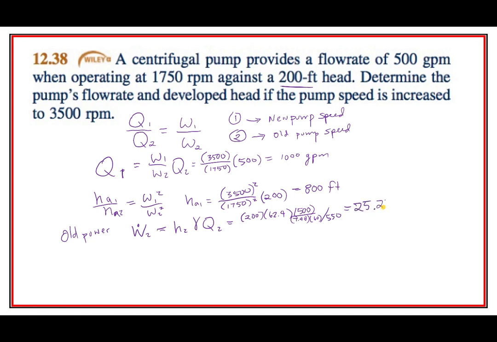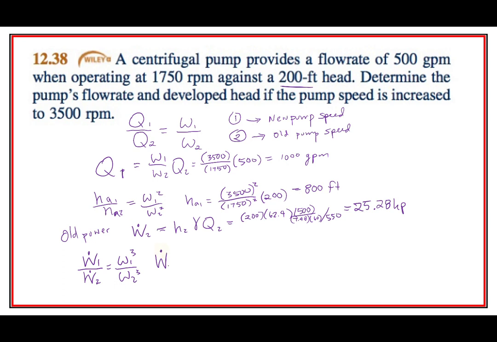25.28 horsepower. So if we use these affinity laws here, the power 1 over power 2 is going to be related by the cube of these.